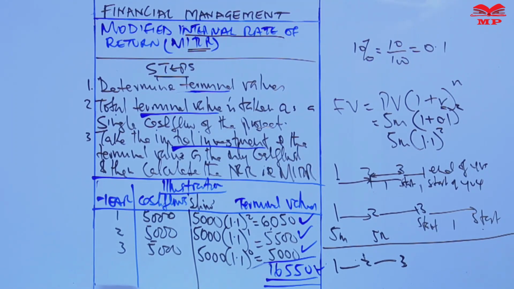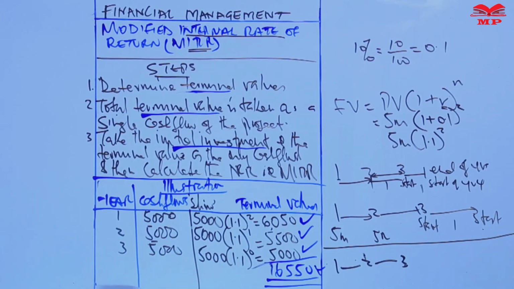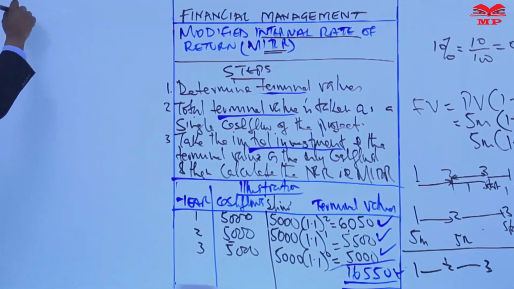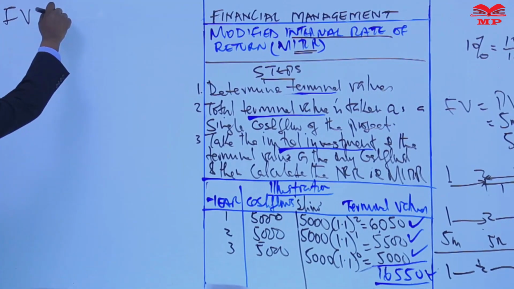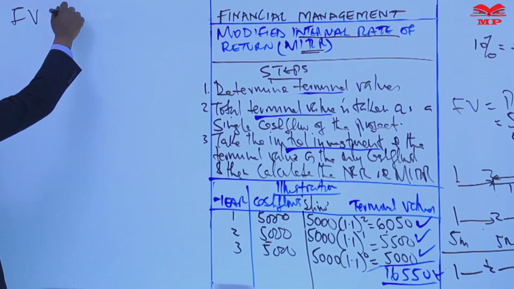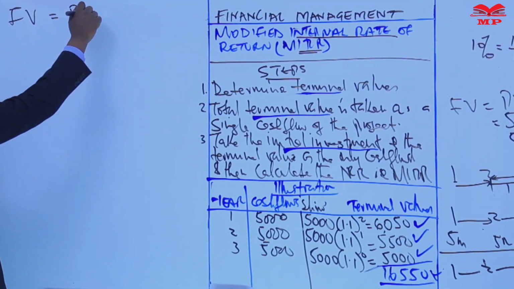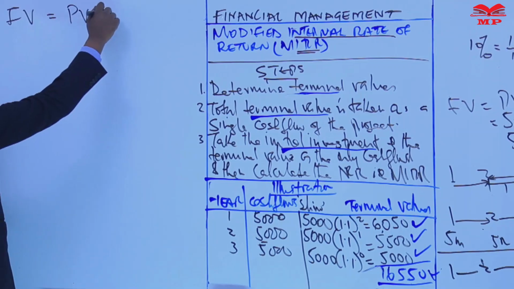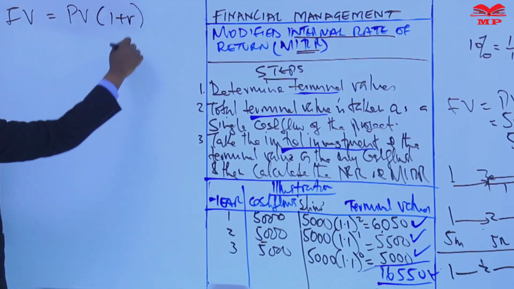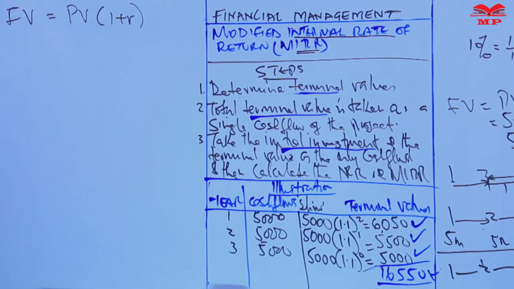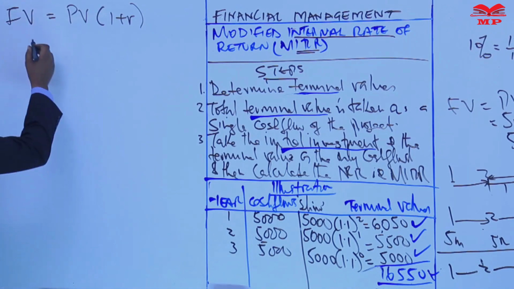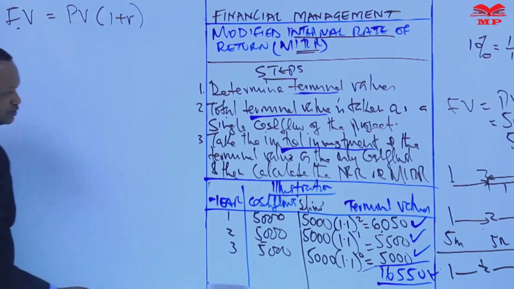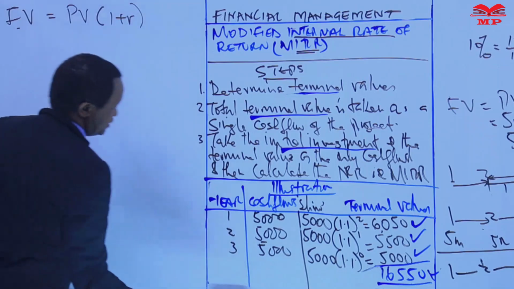So candidates, observe this. We know that future value is equal to the present value times (1 plus R). So we have the future value, which is 16,550.